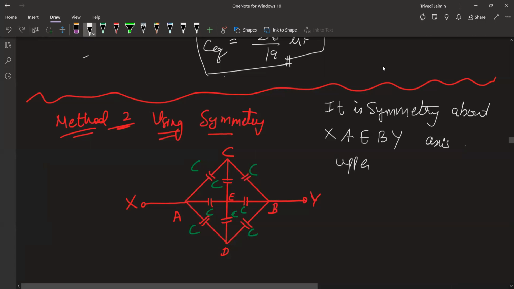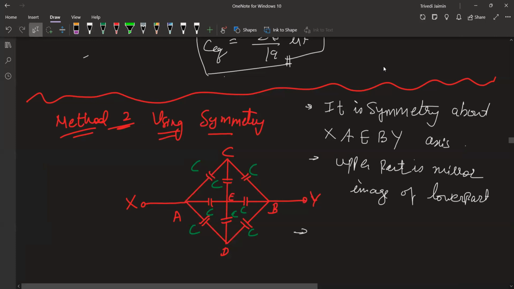The upper part is the mirror image of the lower part. So therefore, VC will be equal to VE, which is equal to VD.